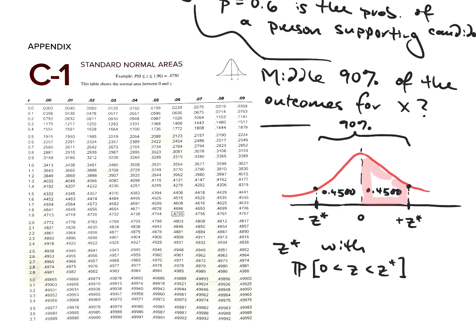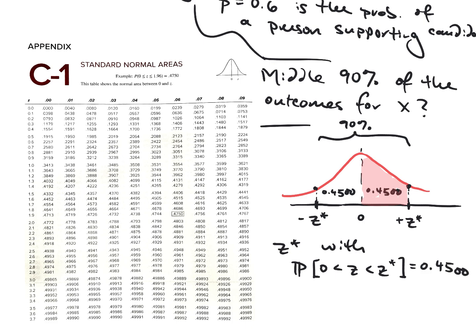The two sides of this are equal, correct? So if we find the z star on one side, it's the same as the negative z star on the other side. We want this z star that gives us 45%.